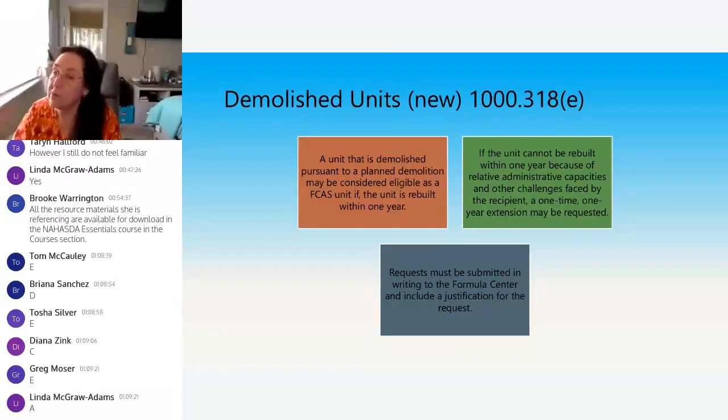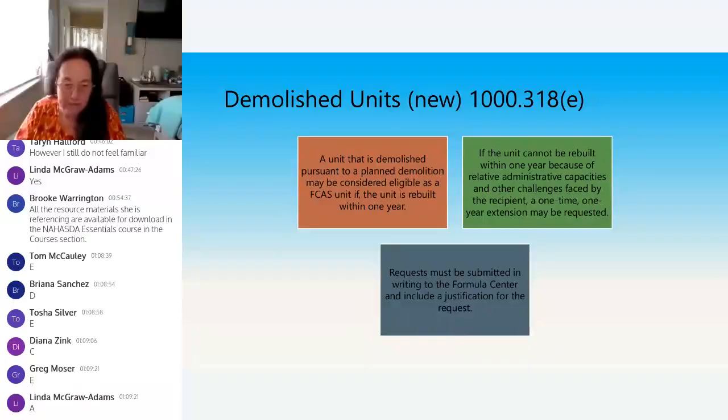Okay, and demolished units. Now, this still can affect you even if it's not a demolished unit. A unit demolished pursuant to a planned demo dispo can be considered eligible as FCAS if you rebuild the unit within 1 year. Okay, so I did this. I had a 10-unit project, totally rebuilt it under a demo dispo, and had to prove that it was cheaper for me to rebuild the unit on the existing footprint than it was to rehab it.